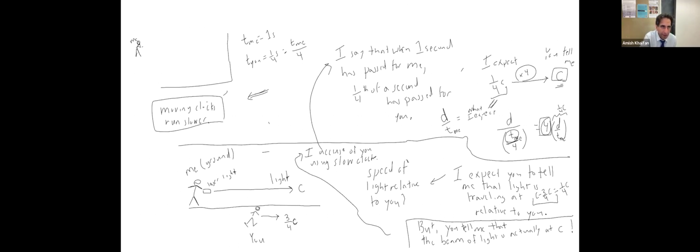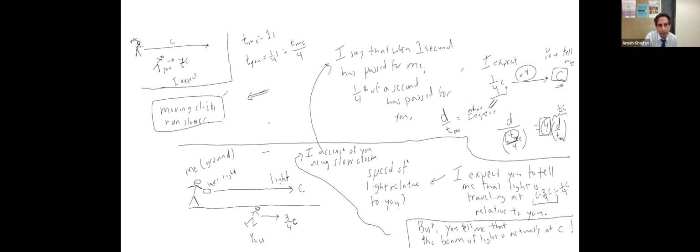I shine the beam of light across the length of the room, and now you're running, but not at 75% the speed of light like before, but 80%, 4/5 c. And you still tell me that you're measuring c. Now, can somebody tell me, what do I expect you to tell me?